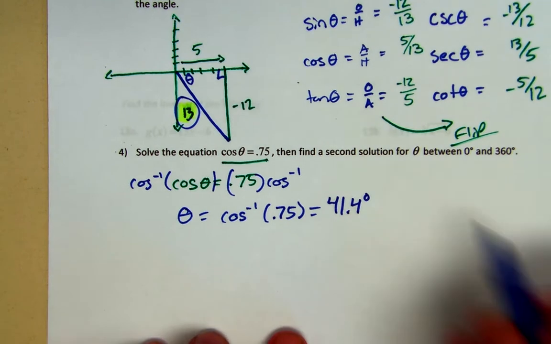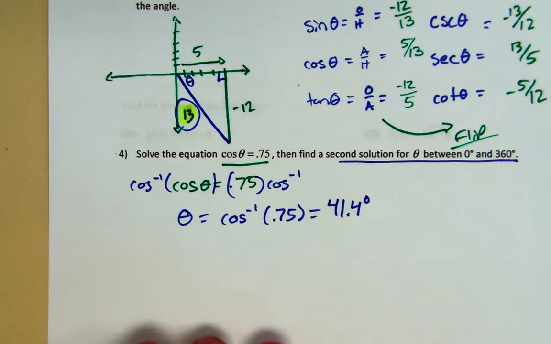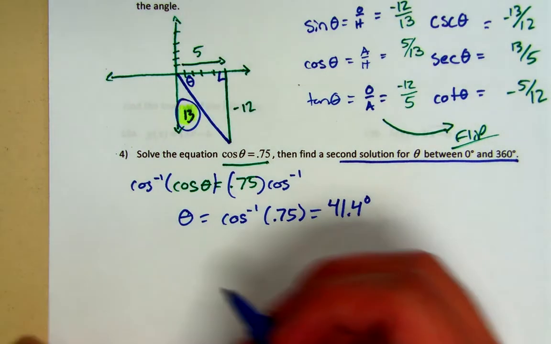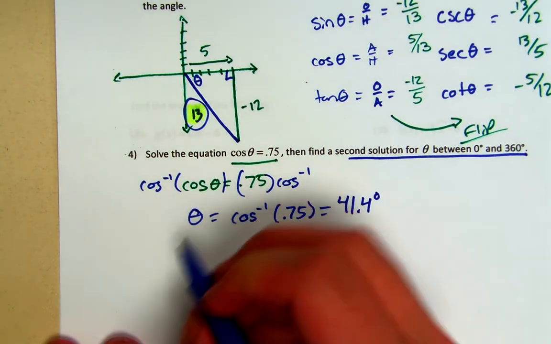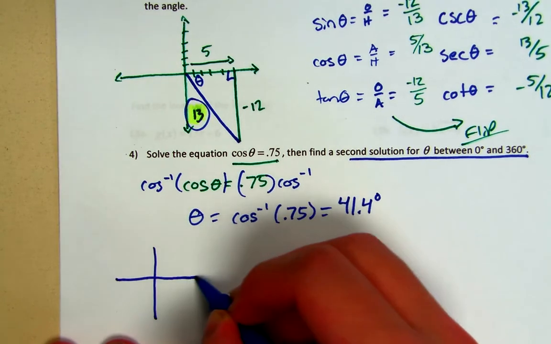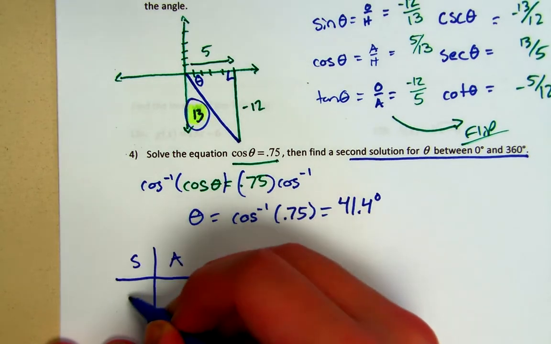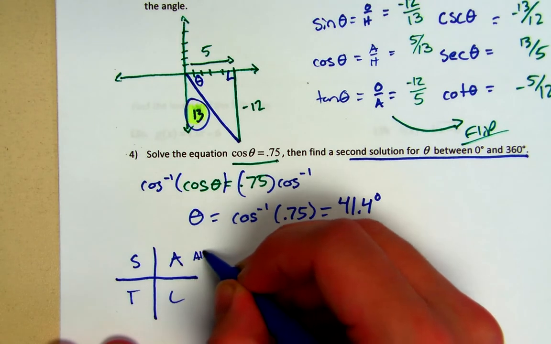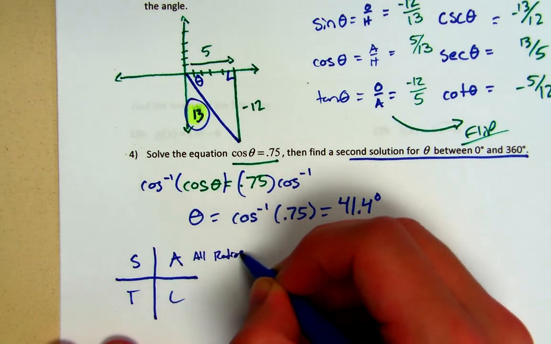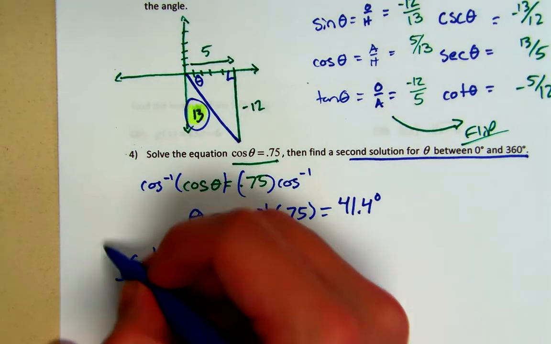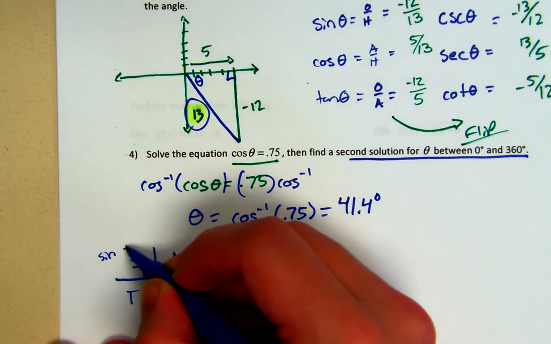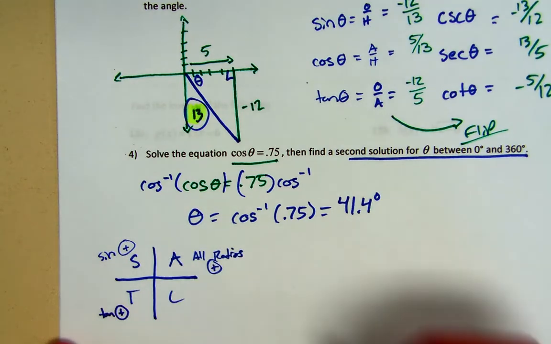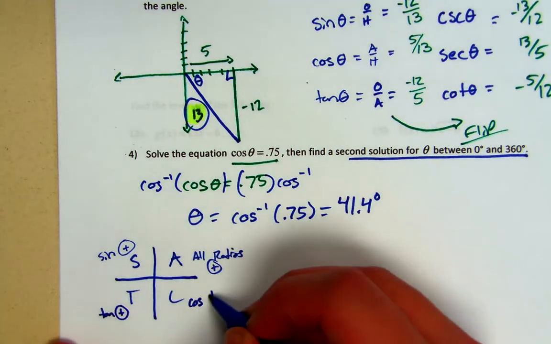But now it says find a second solution between 0 and 360. That's where you have to remember your ASTC sign chart. ASTC. So remember, this stands for all ratios are positive. Sine is positive. Tangent is the only positive one. And cosine is positive.